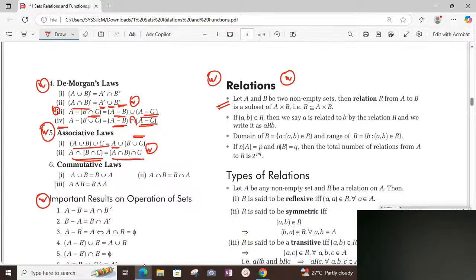Let A and B be two non-empty sets, then a relation R from A to B is a subset of A cross B. Mathematically, this is denoted by R is a subset of A cross B. It means that if we have a proper idea about the Cartesian product of two sets, then we have no problem to understand this.